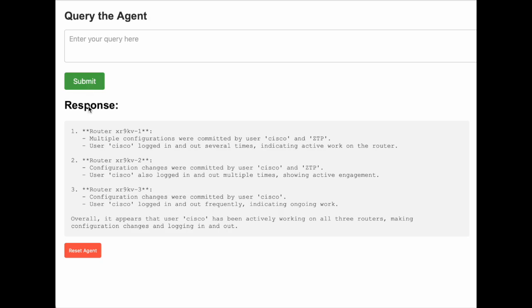It sees multiple configurations were committed by user Cisco and ZTP, zero-touch provisioning. Users logged in several times, indicating that work. Okay, cool. Another two configurations were committed by Cisco. It's the same thing. Correct. Overall, it appears that Cisco is actively working.